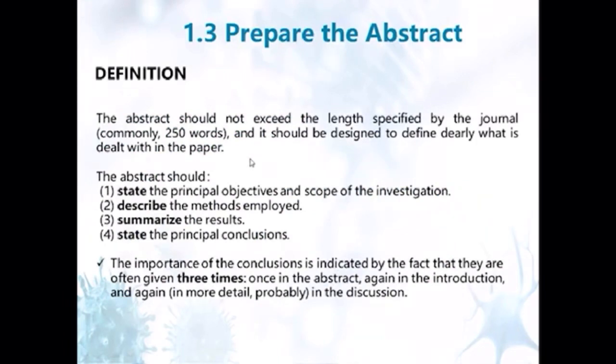Usually, the abstract shouldn't exceed the length specified by the journal. Commonly it cannot exceed 250 words, and it should be designed to define clearly what is dealt with in the paper.